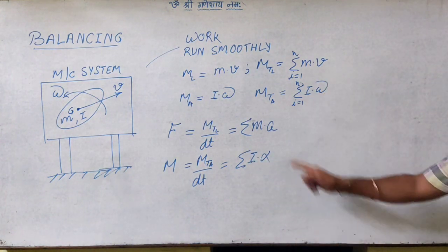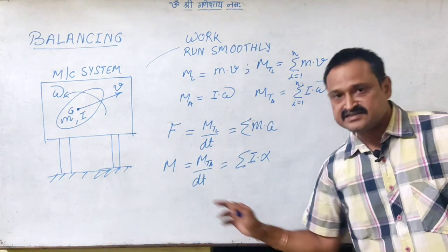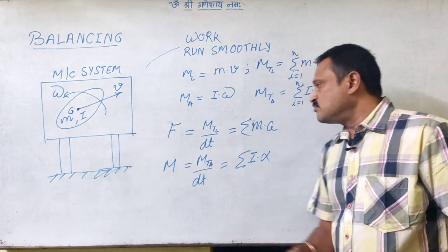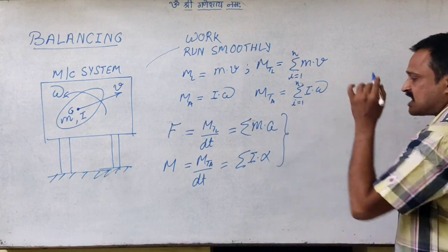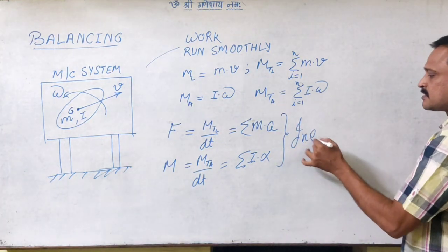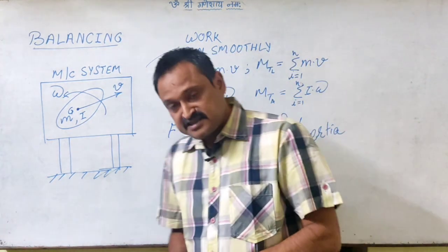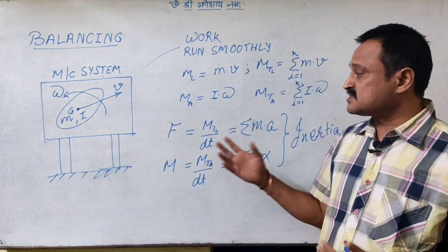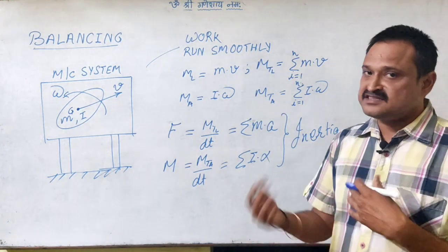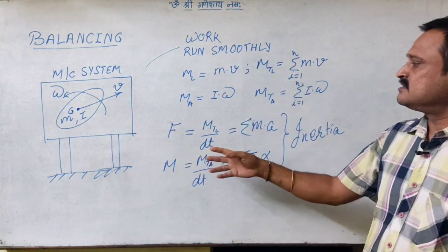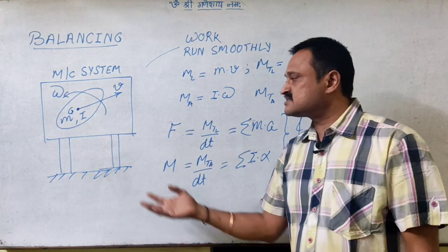So when we are differentiating, we are getting these as the magnitude of the force and the moment, and these are the inertia forces and inertia moment coming into the system, and they are changing with respect to time. So they are creating trouble as these values are continuously changing.